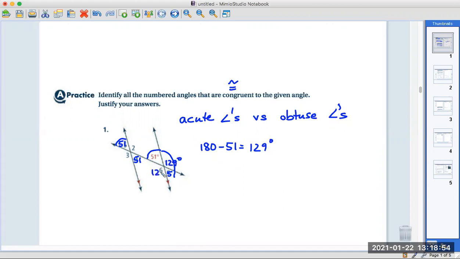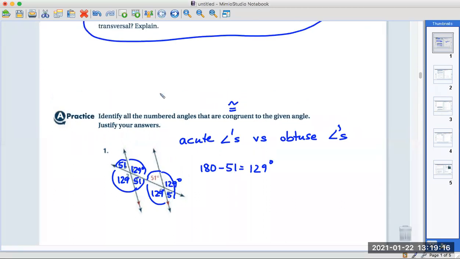That makes this one 129. These are vertical angles. This is already worked out. This is 129. And this is 129. Now I have them all solved, and they're all either equal or they're supplementary.